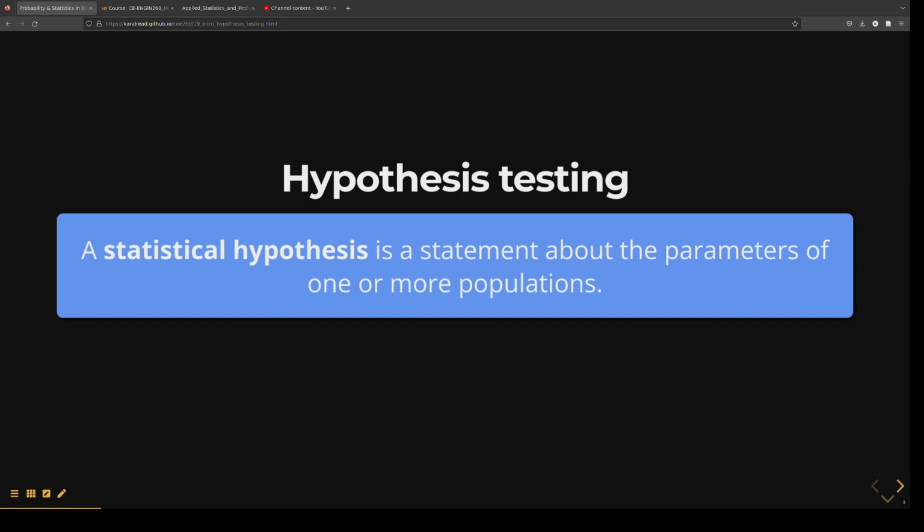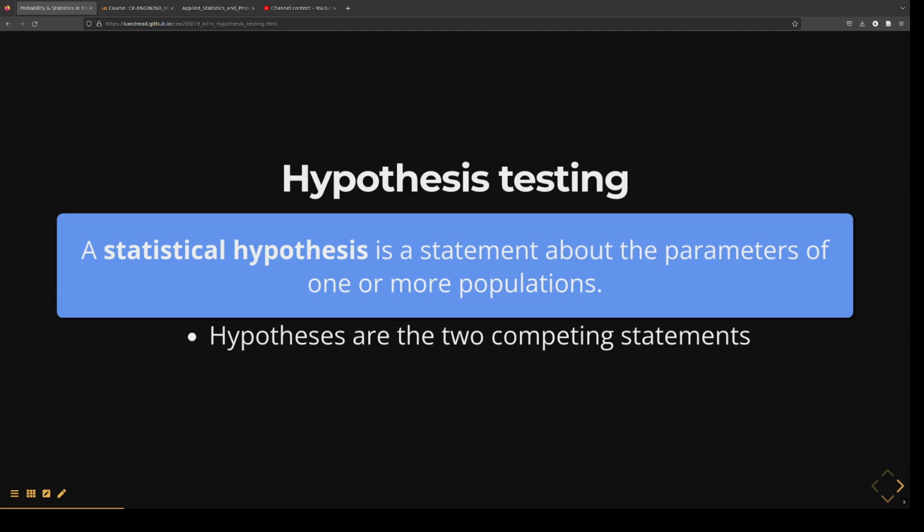Hypothesis testing essentially revolves around a statistical hypothesis that we make about the parameters of one or more populations. And we would need, of course, two hypotheses to make this interesting and test them out. And they're going to be competing. And as I mentioned, the things we're going to talk about today are very similar to what we talked about in confidence intervals.